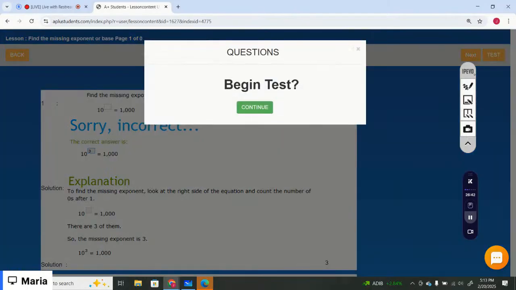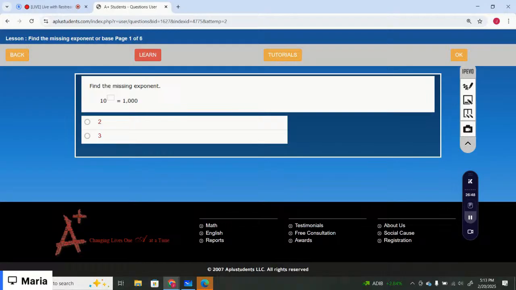Let's just start with the test questions. Find the missing exponent. 10 to the missing exponent equals 1000.